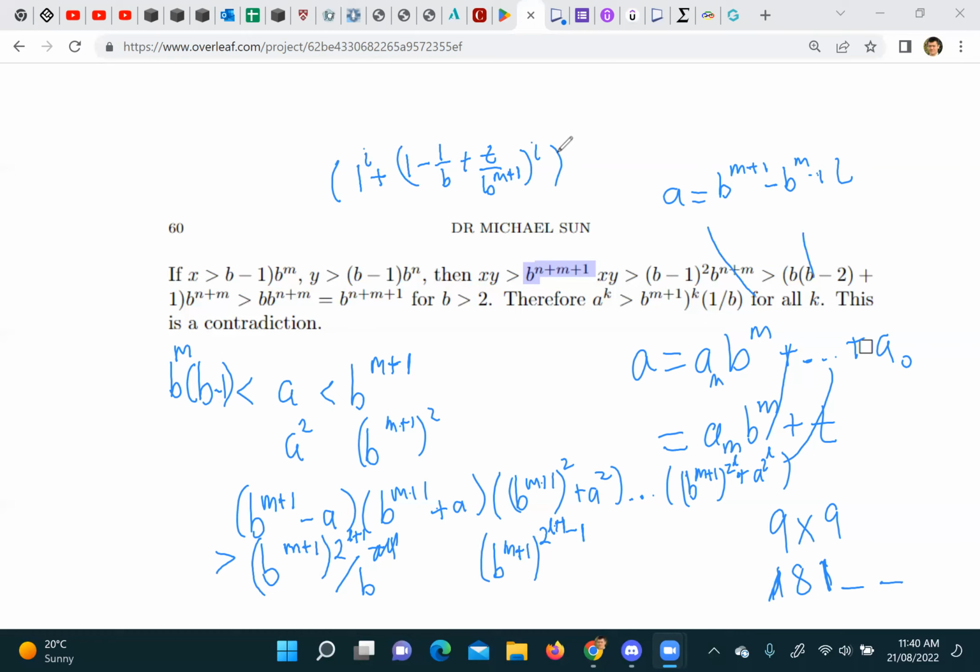If t was 0, it'd be like 1 plus 1 minus 1 on b to the power of like i, yeah? Maybe it is. It has to be true. Wait, at some point, at some L, we want that to happen, right? Like we want the inequality.